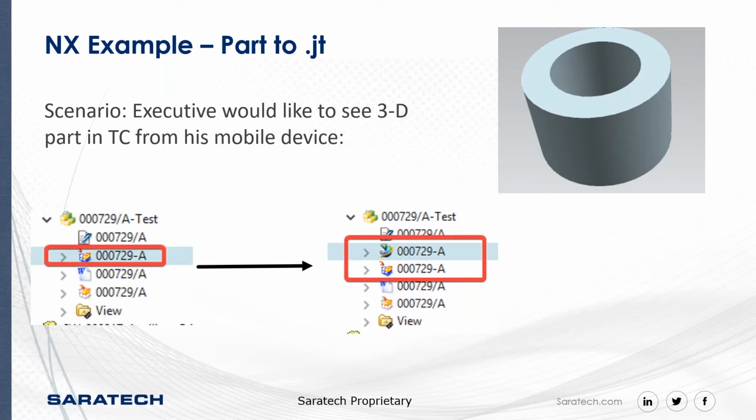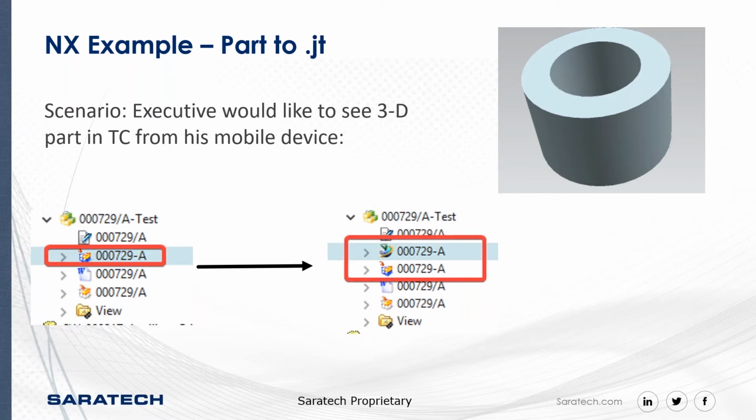Now, Teamcenter has the capability of visualizing and manipulating this lightweight JT file within its platform. Basically what we're going to do is pretty much duplicate the representation from NX into this lightweight file that I can visualize within Teamcenter.